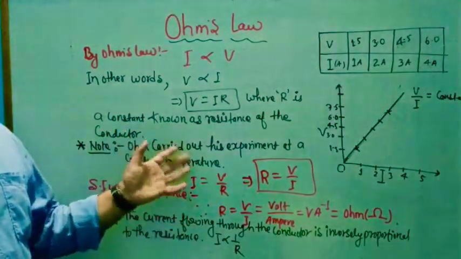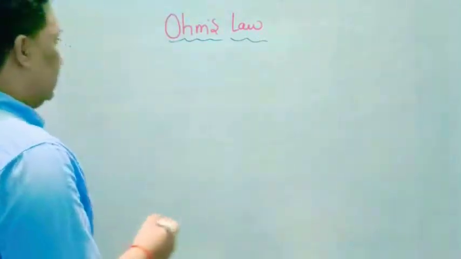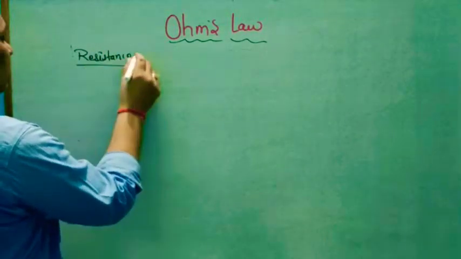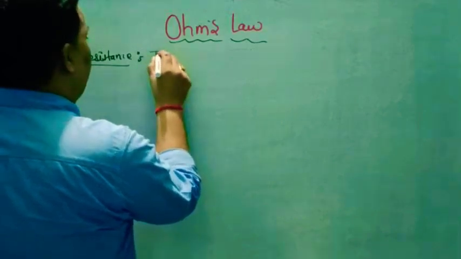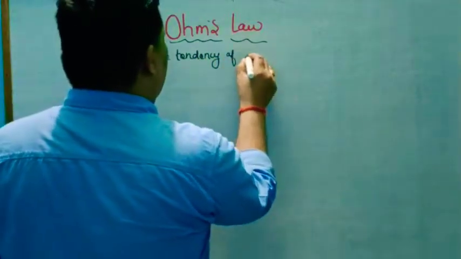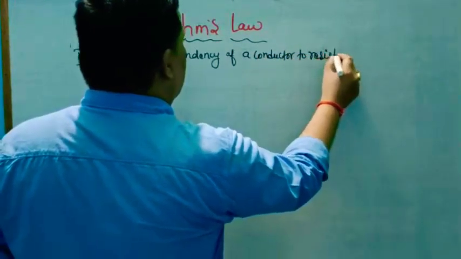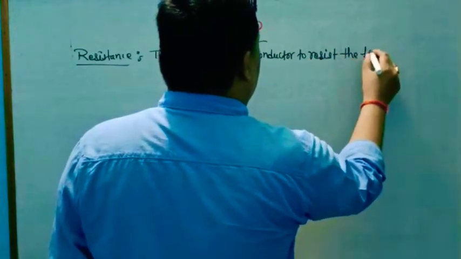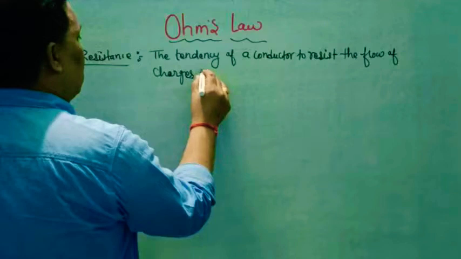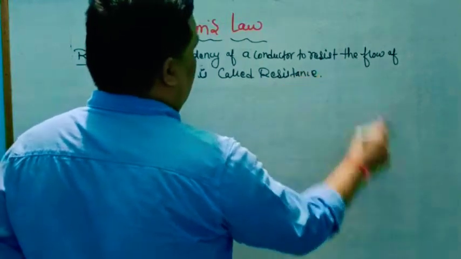तो इसको ध्यान में रखिएगा, ठीक है। अब यहाँ पे हम रेजिस्टेंस के आधार पे क्या कर सकते हैं उसको थोड़ा देखें। So children, resistance is theoretically defined as the tendency of a conductor to resist the flow of charges is called resistance.